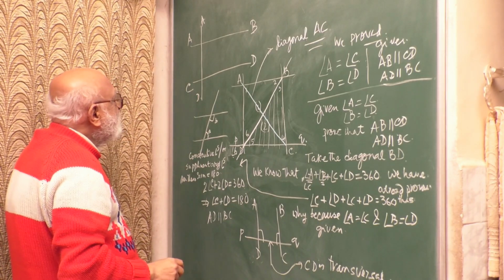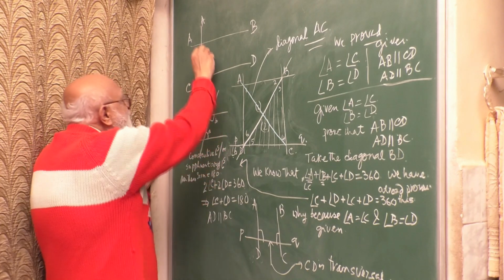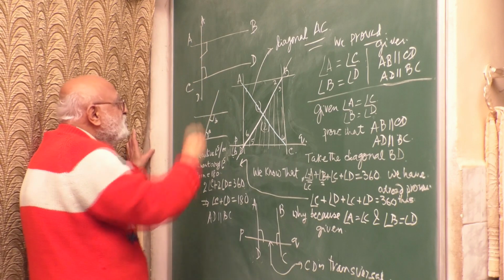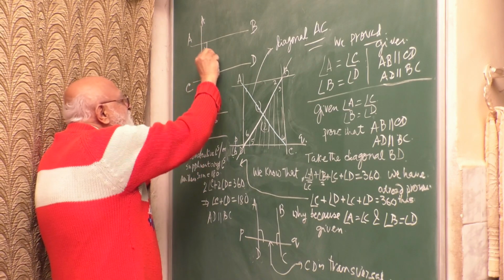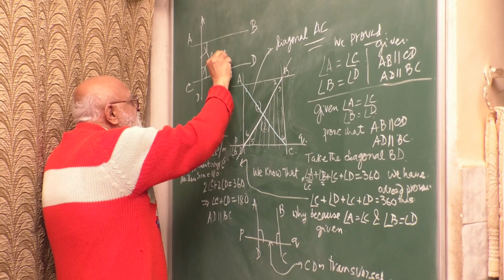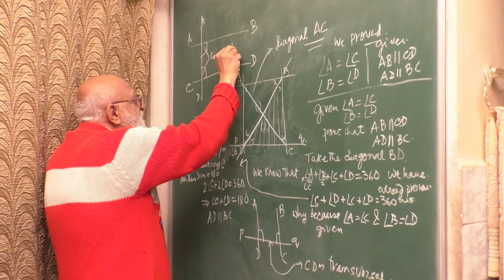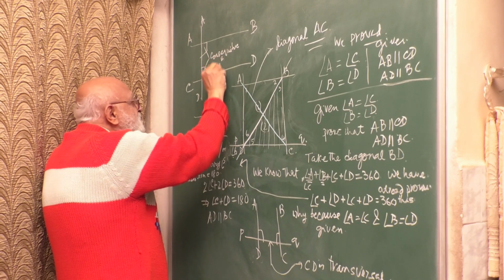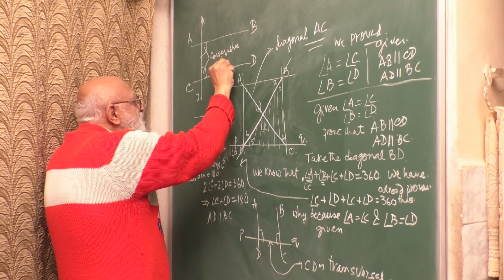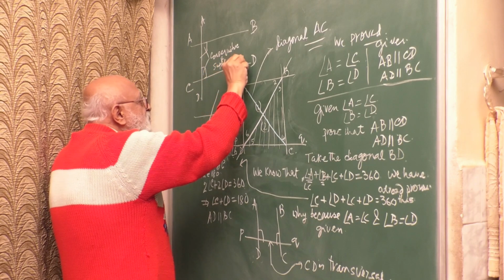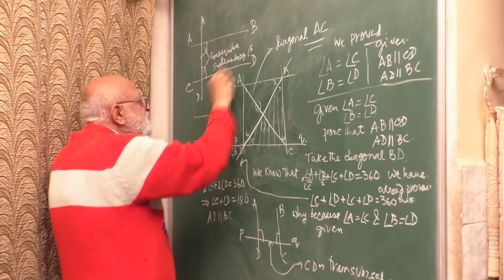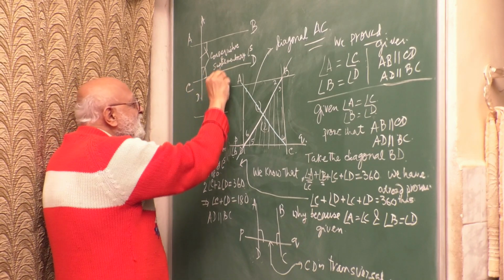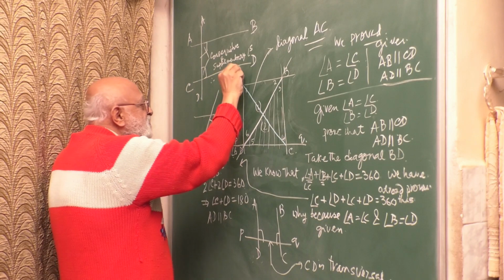And then you can say these are the two angles which will be supplementary, consecutive angles. Therefore you can say AB is parallel to CD.